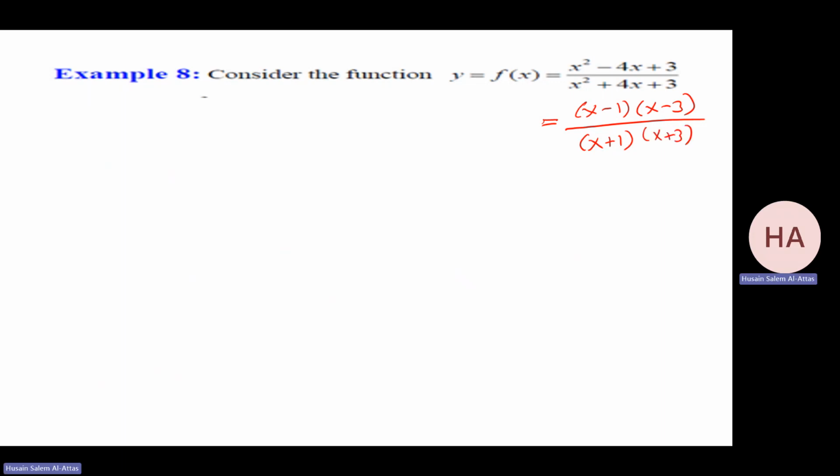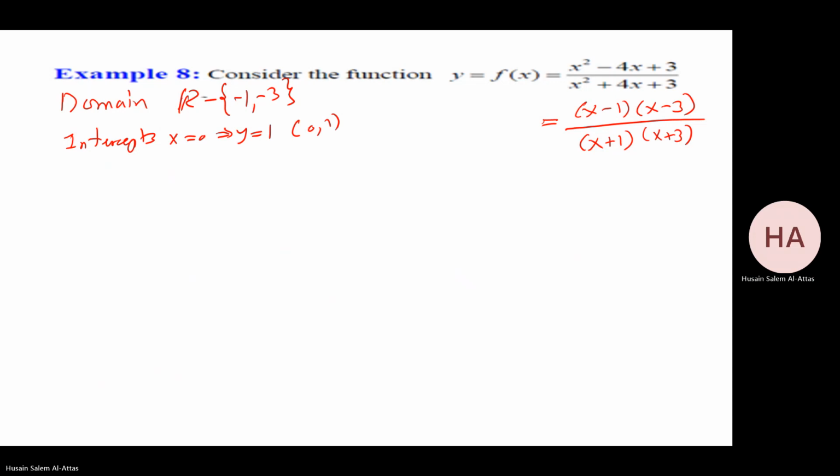Okay, domain, all real numbers except minus 1 and minus 3. Intercepts: x equals 0, y equals 1. So you have 0 and 1. Y equals 0, you have x equal 1, or x equals 3.